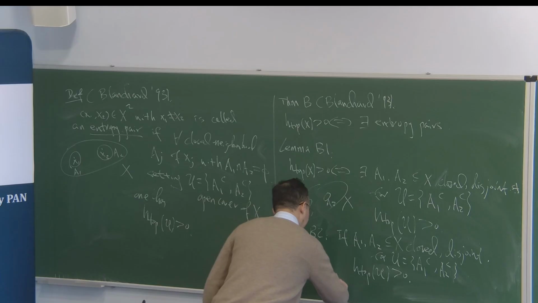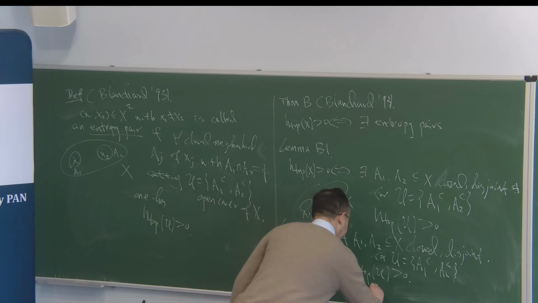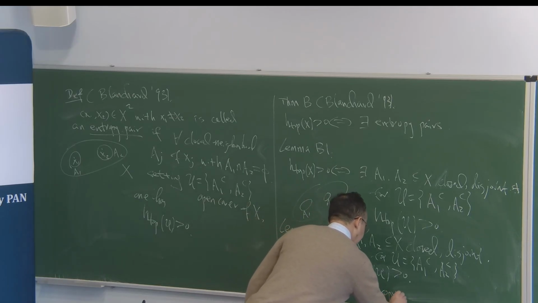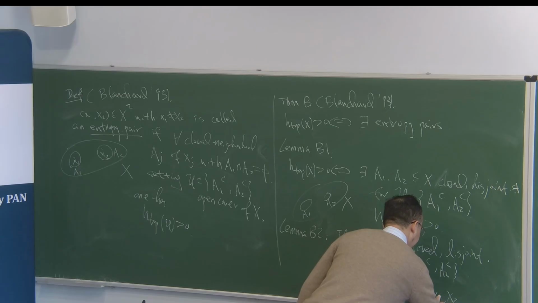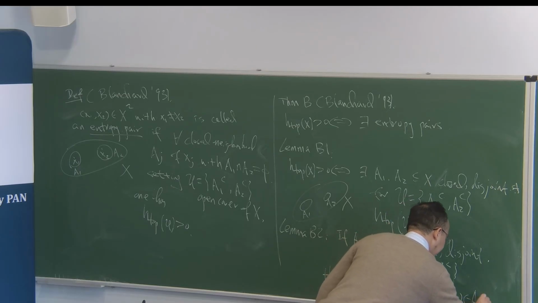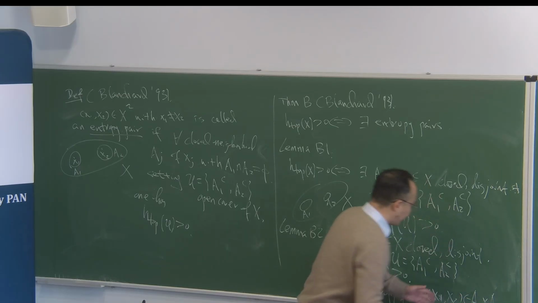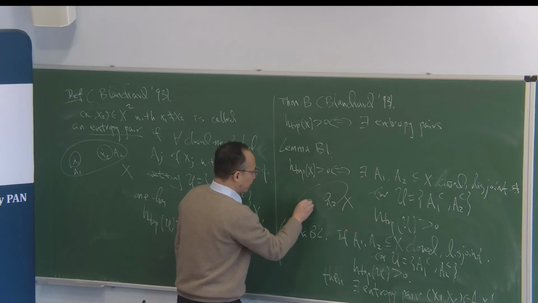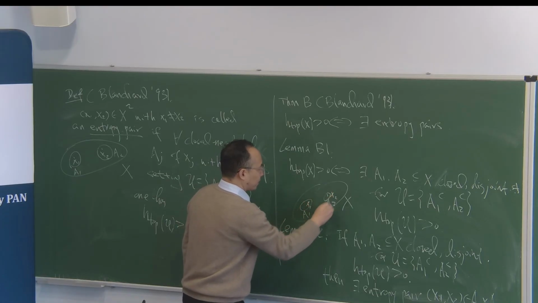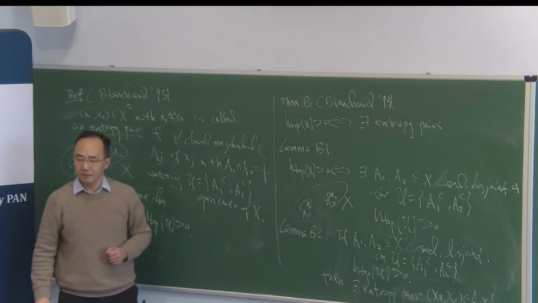Then there is one entropy pair X1, X2 inside of A1 times A2. That means X1 is inside A1 and X2 is inside A2. So once you get such a situation, you can find one pair X1, X2 here so that this becomes one entropy pair.